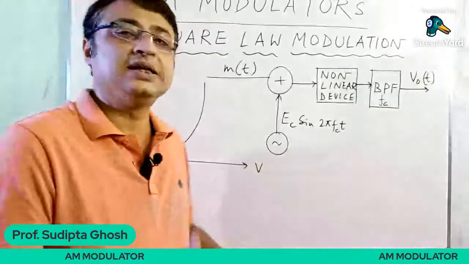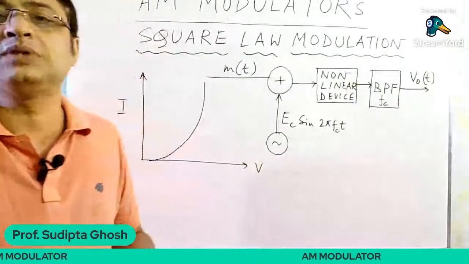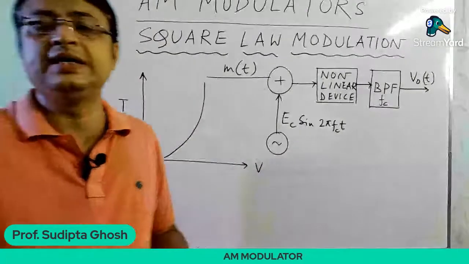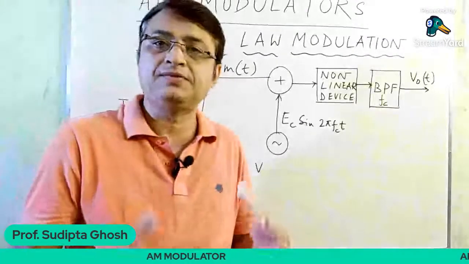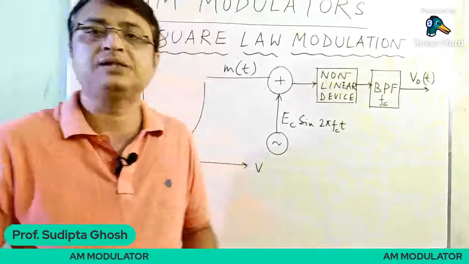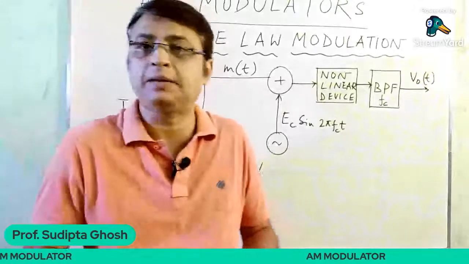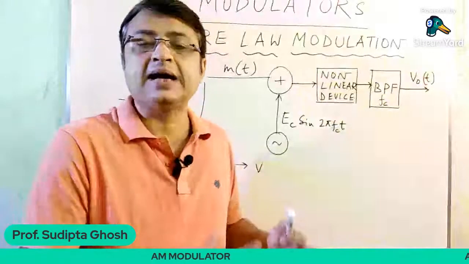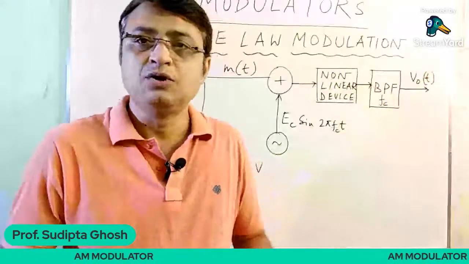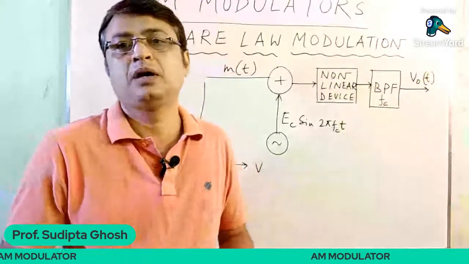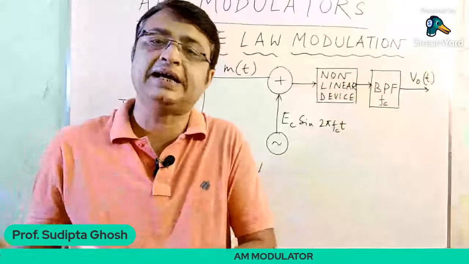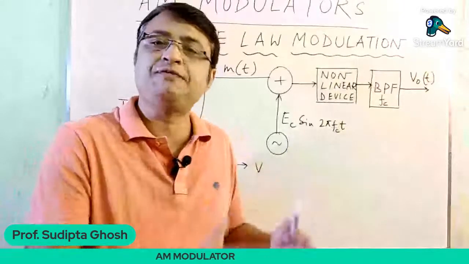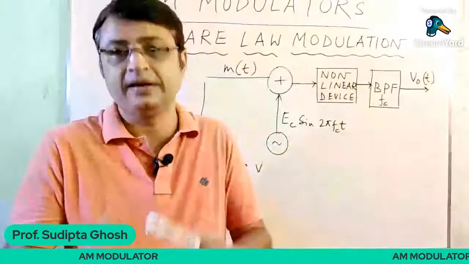Now from the output of the nonlinear device, a band pass filter is used. What is a band pass filter? A band pass filter is a filter which gives at its output the specific band which I require.